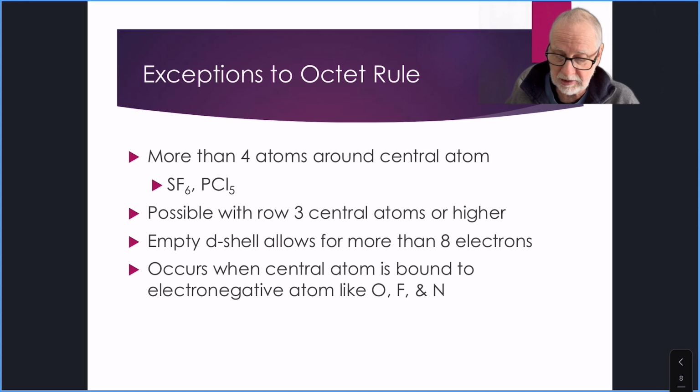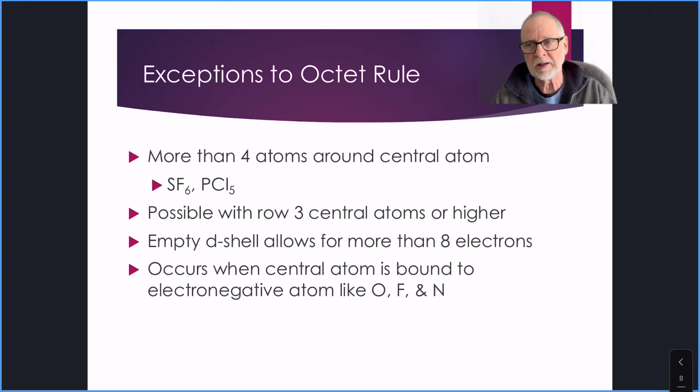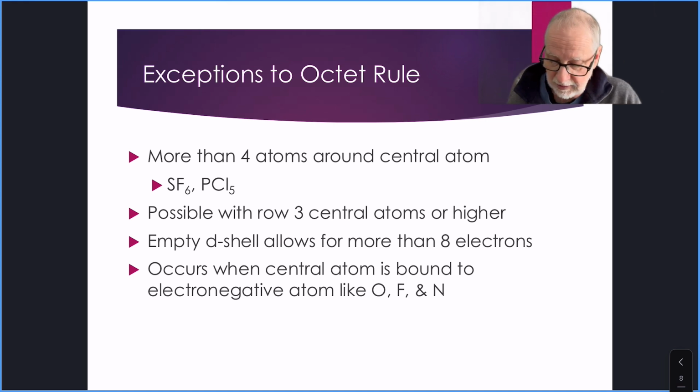We can look at some specifics of the bonding and the orbitals involved in this. We're going to see that this happens typically when we have a d shell in row 3 or higher, where we've got 3d electron orbitals that could actually be involved in the bonding for this situation.